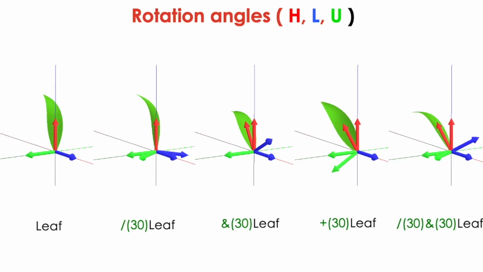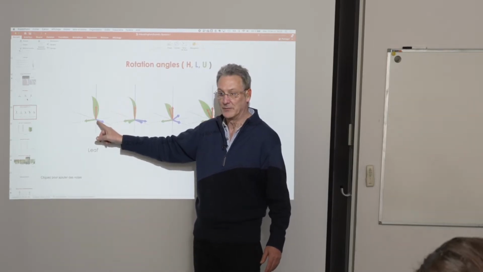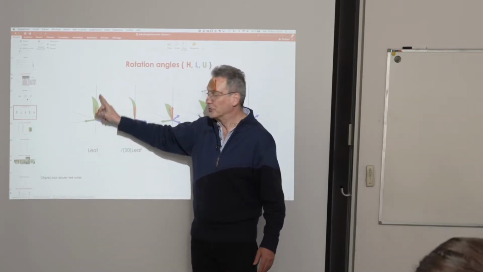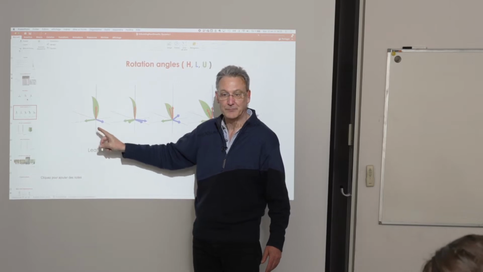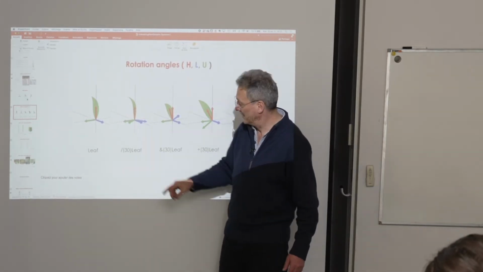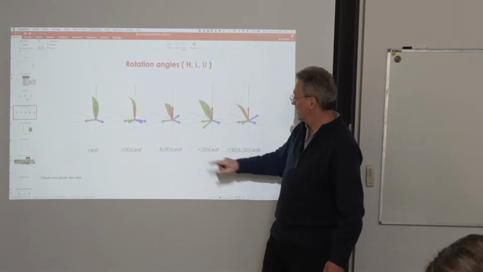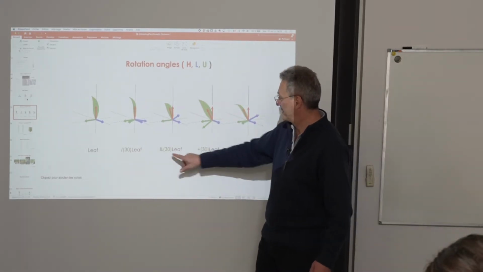So for instance, if you want to bend back a leaf, if you load the sweep model and you don't do anything, it will arrive in the 3D scene in this position, along the head of the turtle. So if I want to bend backward the leaf, backward is this one.